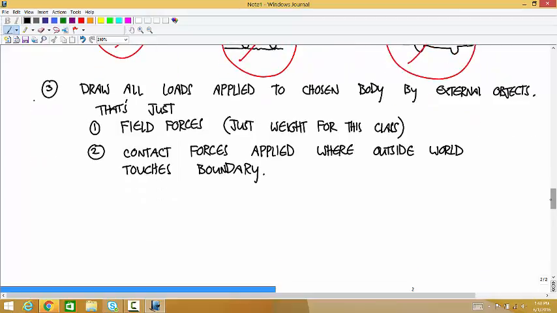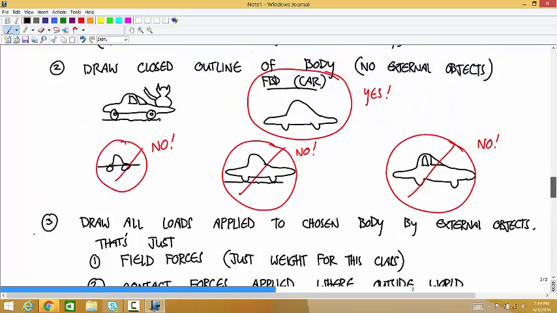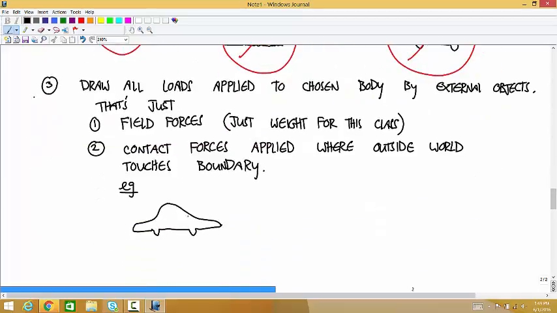Okay, so if we think of the example we just did, there's kind of a lot of stuff going on in that picture. So what are the external loads that we have to worry about? Well, first there's the weight, and that acts at the center of mass, down. And now that we've dealt with the weight, there aren't any other field forces. All we have to do is mentally go around the boundary and look for places where the outside world is in contact with the object.